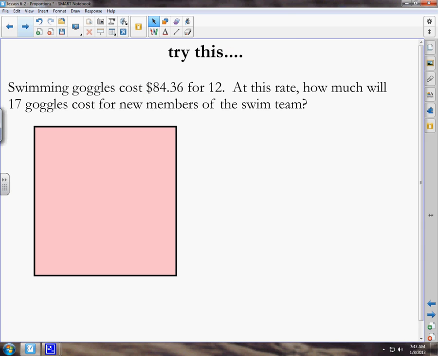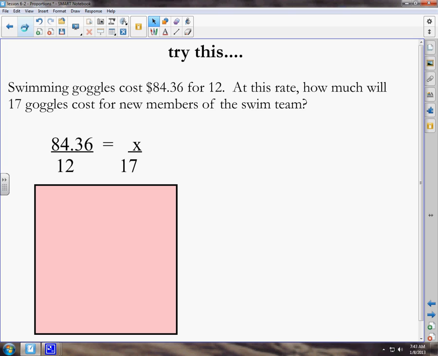So try this. Swimming goggles cost $84.36 for a 12-pack. At this rate, how much will 17 goggles cost for new members of the swim team? Try this problem, and then we'll go over it. Okay, so first you have to set up your proportion, and hopefully you did this. 84.36 over 12, because those go together. Those are right next to each other in the first part of the problem.